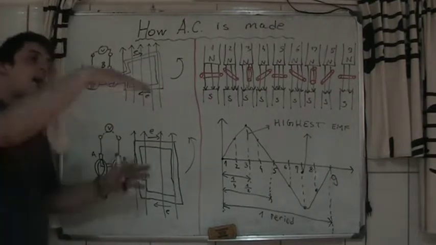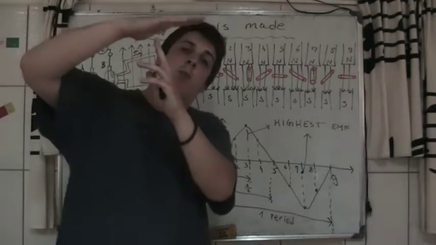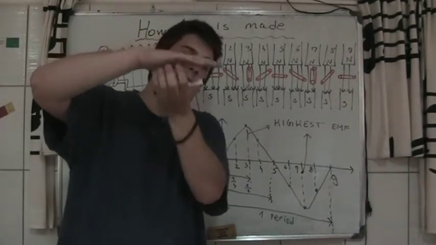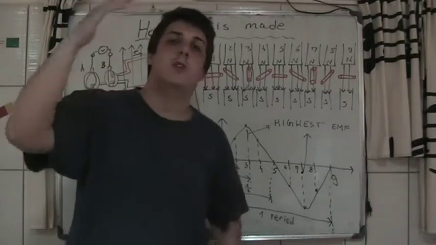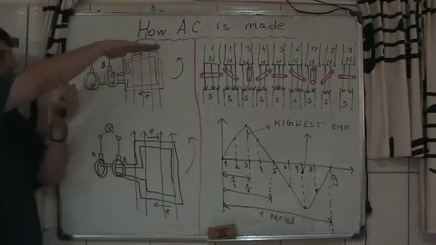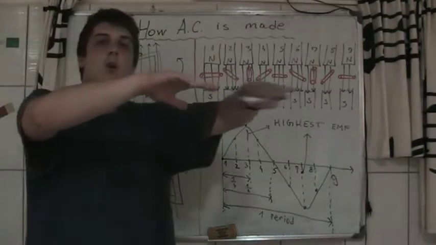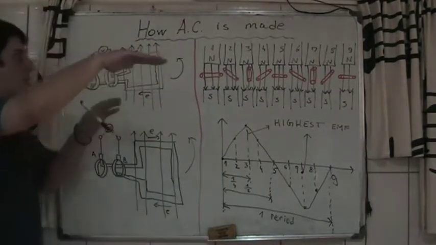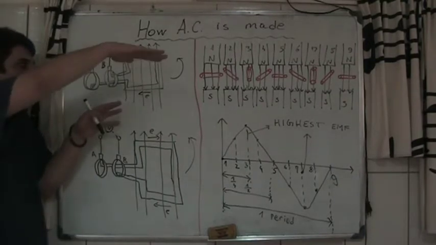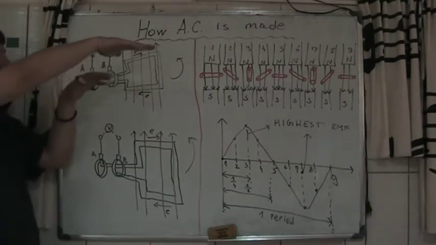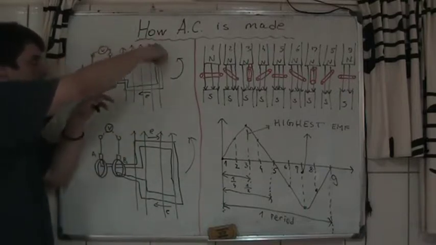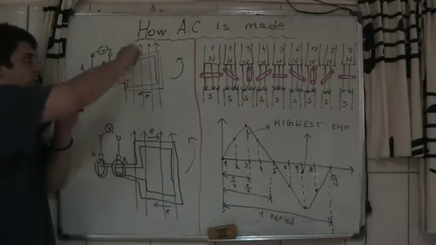In the palm of the hand go the magnetic induction field lines, like so, and the other fingers show the direction of the induced EMF. So if this conductor goes in that direction, then you will have an EMF going from here to here.